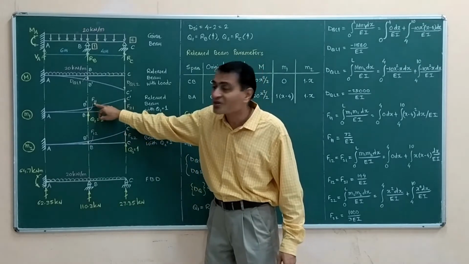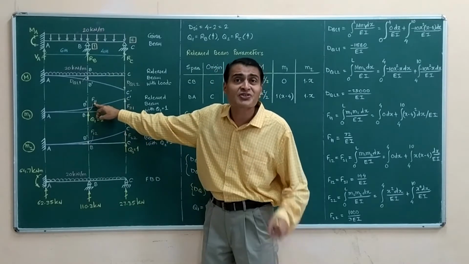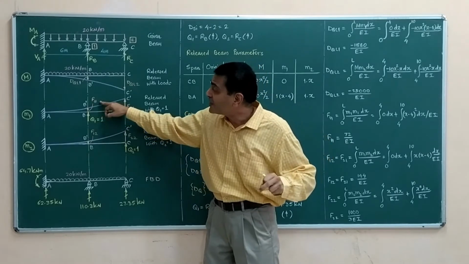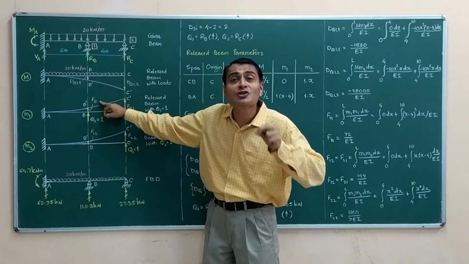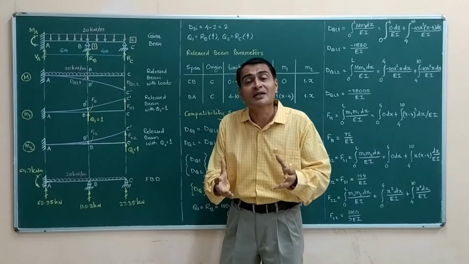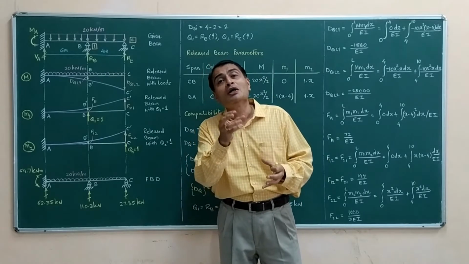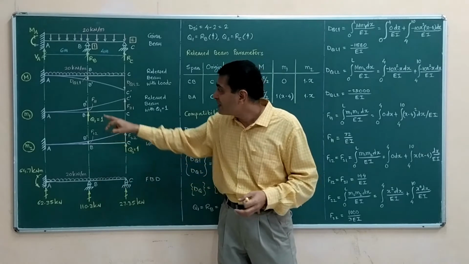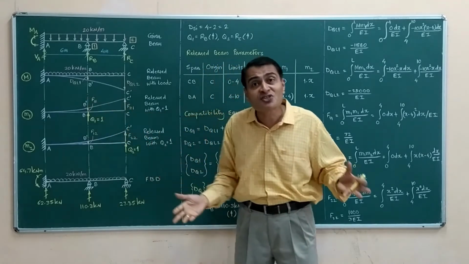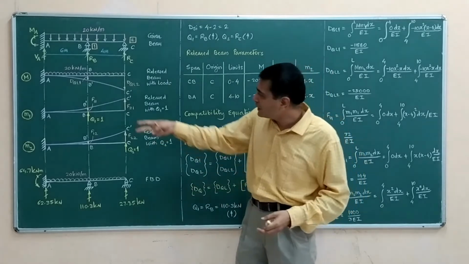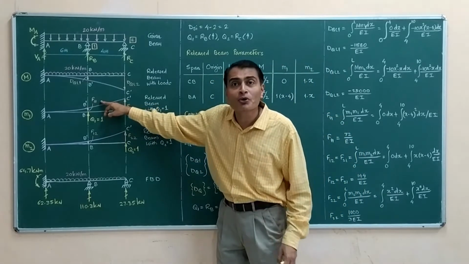The first subscript indicates the location of displacement, and the second subscript indicates the location of the unit load. Here both are 1. It is displacement at 1 due to unit load at 1, and since it is displacement due to unit load, it is called flexibility, hence the notation F. So we are calling this displacement F11.